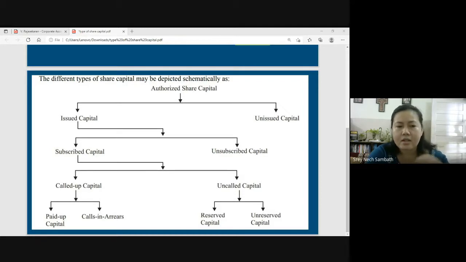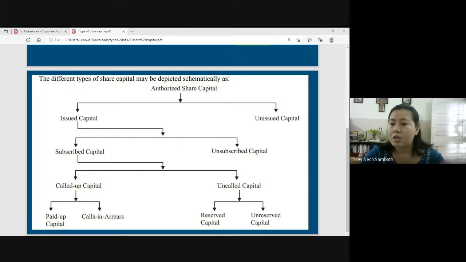Under subscribed capital, there is called up capital and uncalled up capital. Called up capital is again divided into paid up capital and calls in arrear.